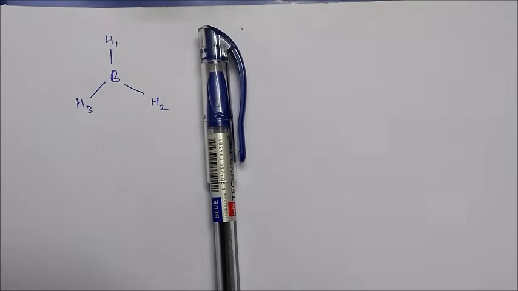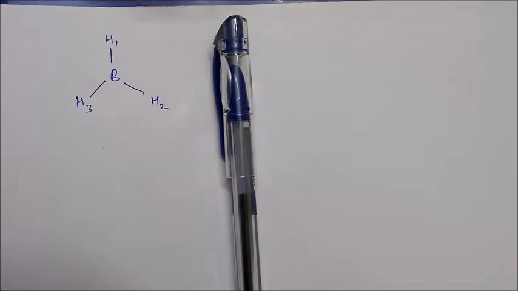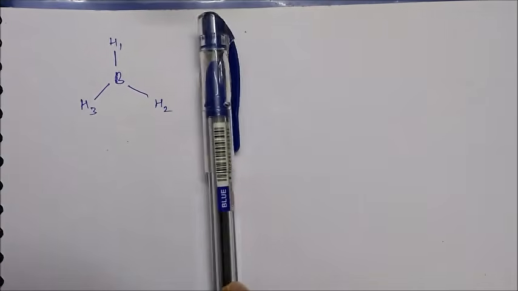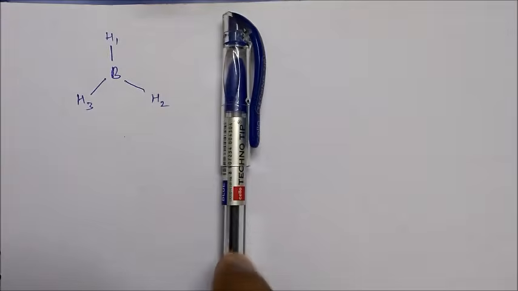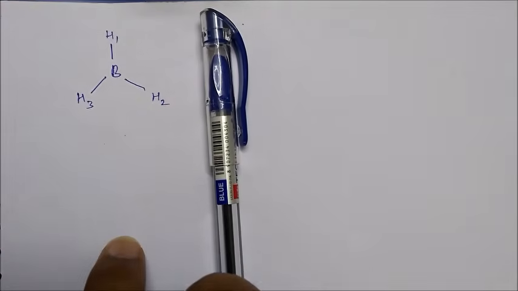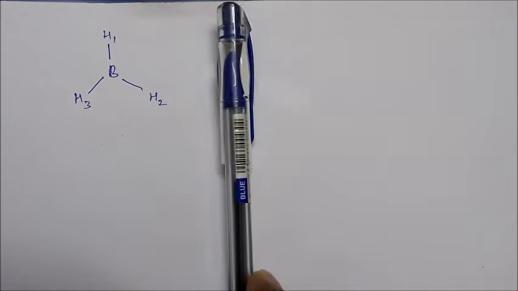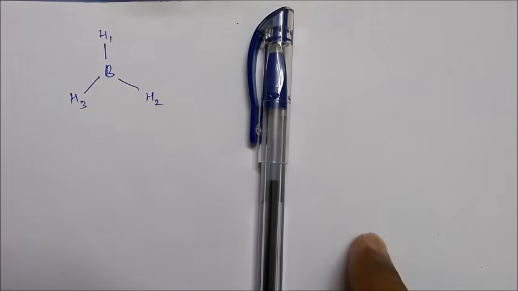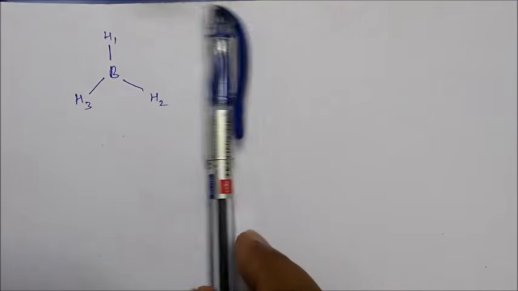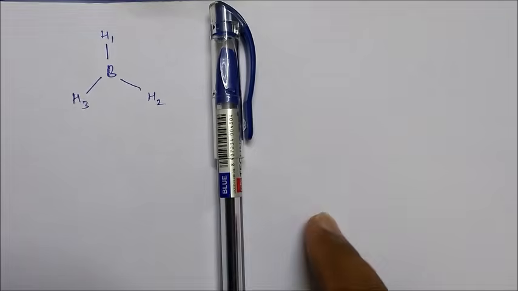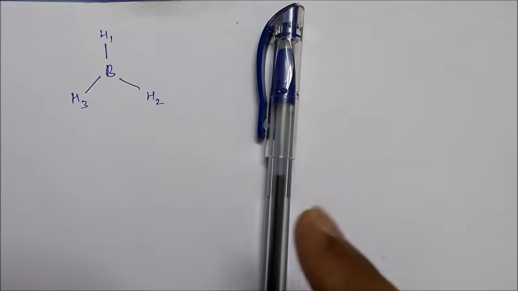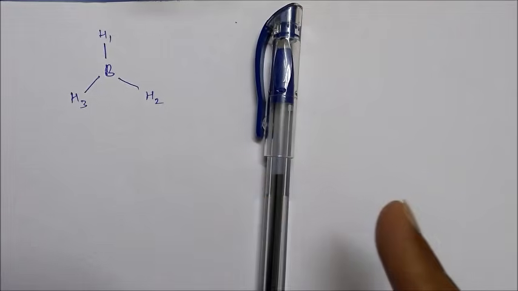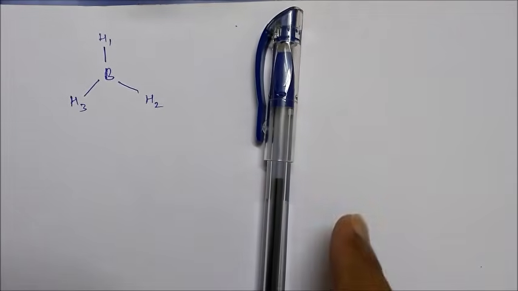If I rotate it by 180 degrees, like this, the hydrogen which was here moves to this side, and the hydrogen which was previously here is rotated from inside and comes like this.